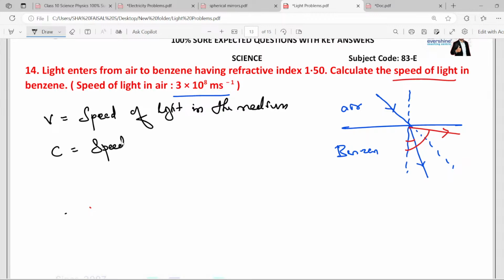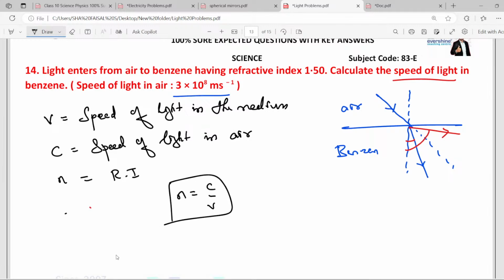C is used for the speed of light in air. Please remember these terms C, V, N. What is N? N is known as the refractive index. Now we have the formula N is equal to C by V. This is the formula to find the refractive index of any medium. So N equals C by V.